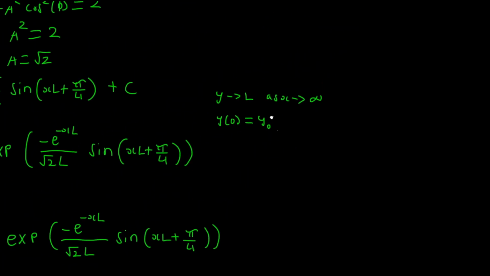So let's move over here. What we've derived now is a relationship between y naught and L, which is y naught equals L times e to the negative 1 over 2L. Now this isn't very useful at the moment because we want to get L in terms of y naught.